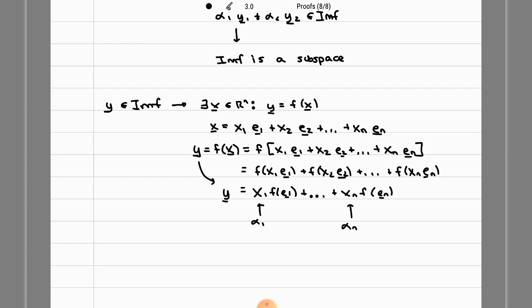So since y is a linear combination, that must imply that those vectors, so f of e1, f of e2, and so on, are going to be a spanning set of the image space.